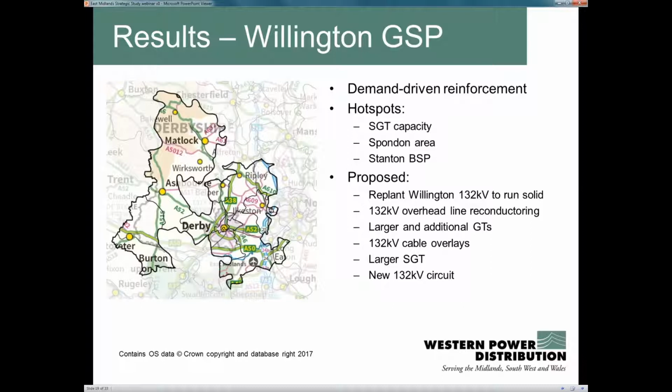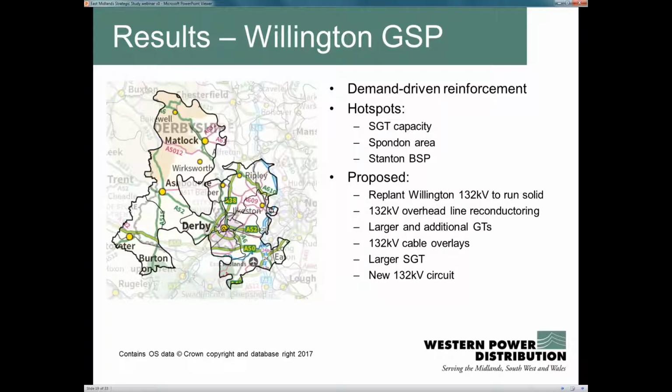Willington is a pure demand-driven reinforcement. We can see this particular area has seen quite significant commercial growth, or is expected to have significant commercial growth in the area. There are a number of hotspots in there around supergrid transformer capacity and other bulk supply point areas.